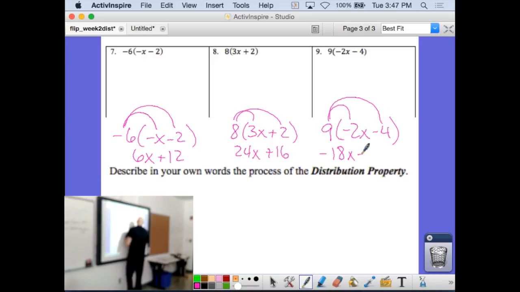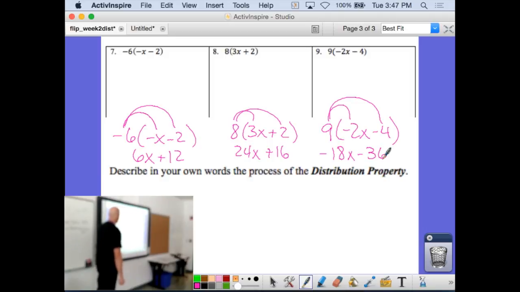So it's going to be minus 36. Okay, that last term, whatever it is, if it's positive or negative, you're going to give it either an addition or a subtraction. Okay? So that's all you really have to focus on when you're doing the distributive property. It's taking that one number and then multiplying it twice. That's all you're doing.